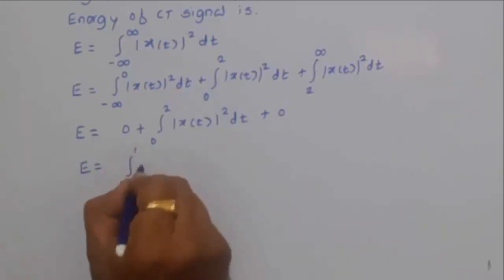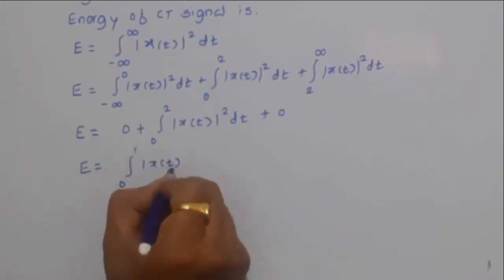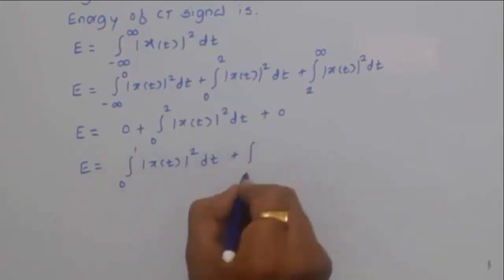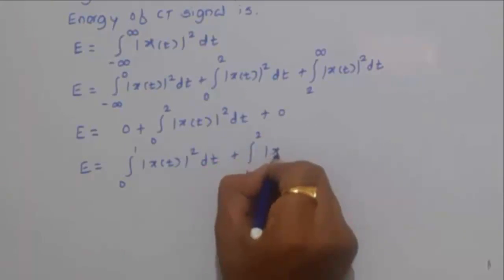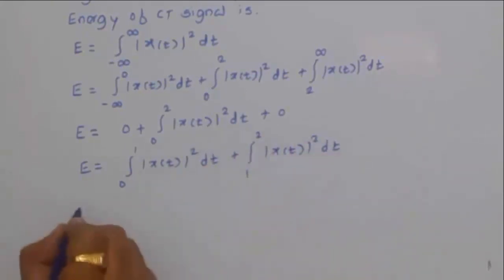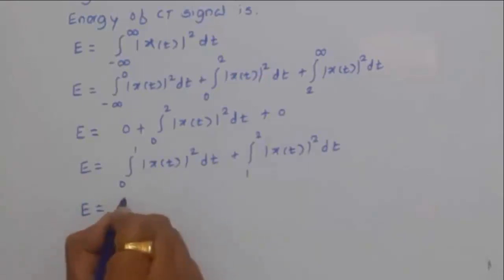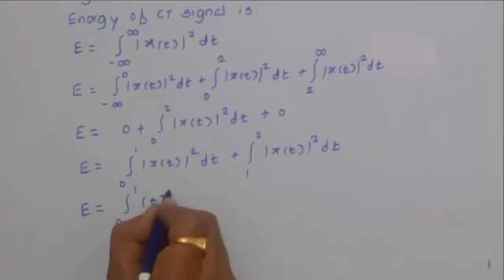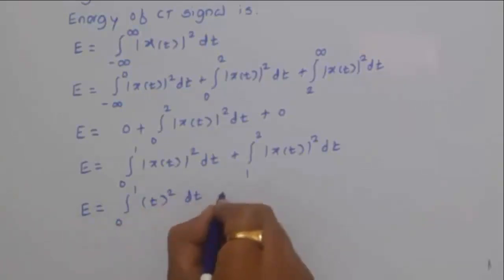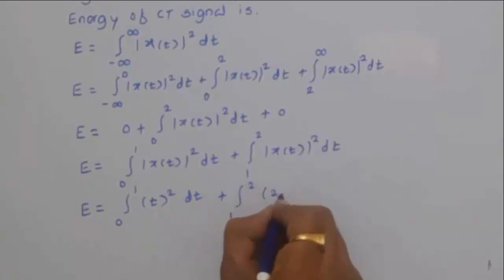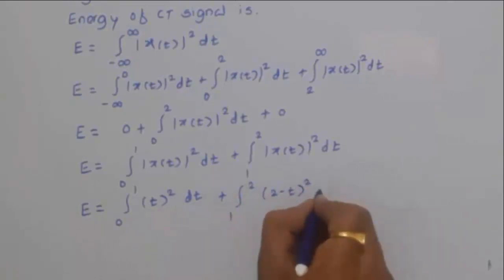So energy E is equal to integration 0 to 1 of mod x of t squared dt plus integration 1 to 2 of mod x of t squared dt, because the value of x of t is different over the limits 0 to 1 and 1 to 2. Over the limit 0 to 1, x of t is t, so t squared dt, plus integration 1 to 2 of (2 minus t) squared dt.